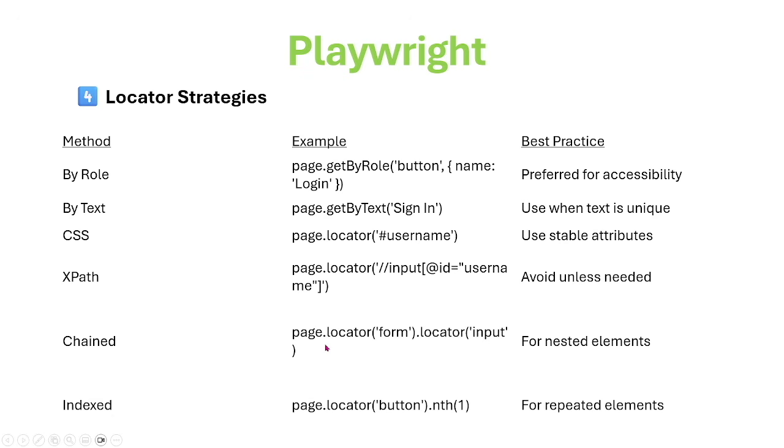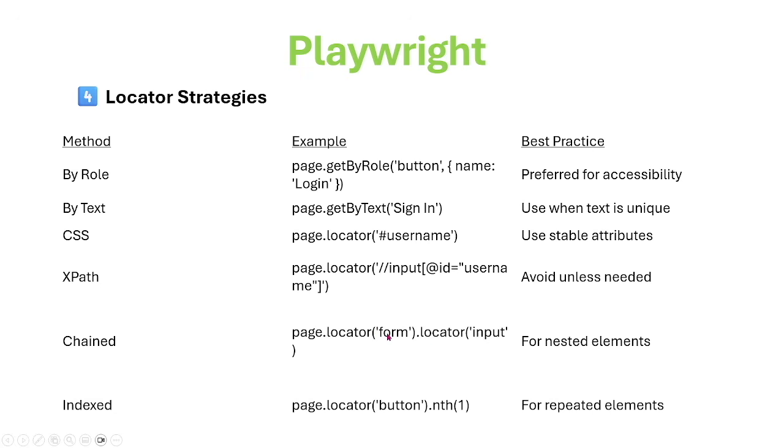Chained. On a web page, if you have nested web elements, where the top one is a form, you use page.locator to find the top one, the form.